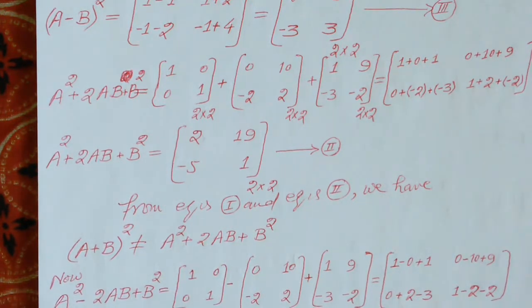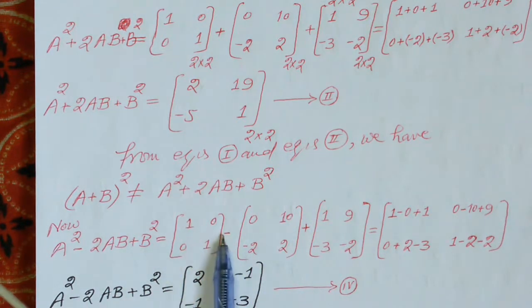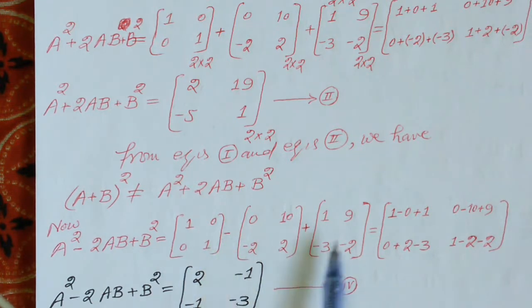Now to calculate A square minus 2AB plus B square, the matrix A square is this matrix minus the matrix 2AB, and this is the matrix B square. First we have to apply the operators subtraction and addition. The order of these matrices is 2 cross 2. The subtraction and addition are possible.